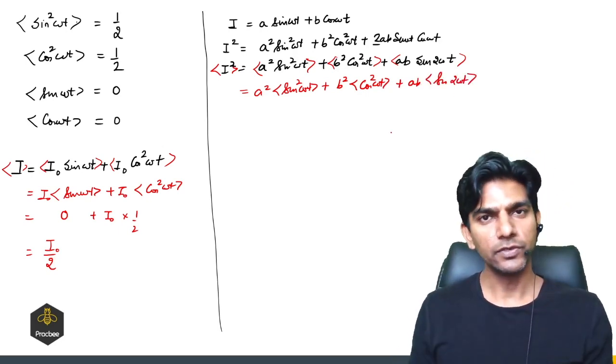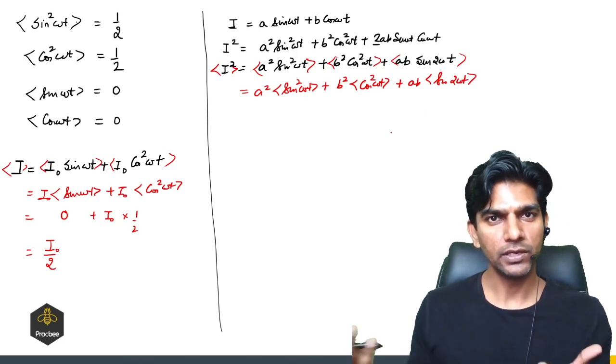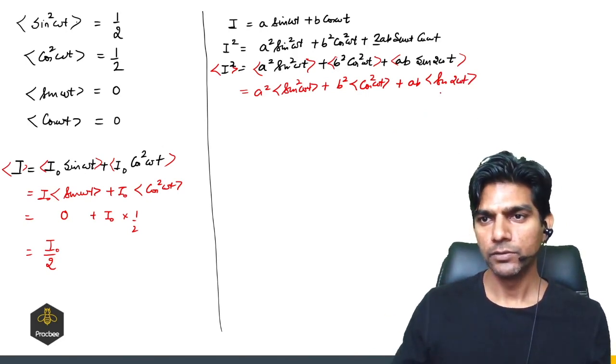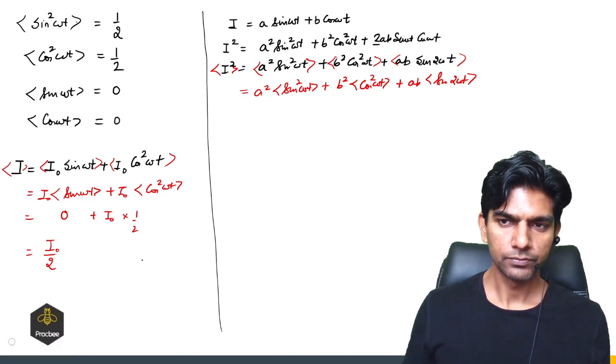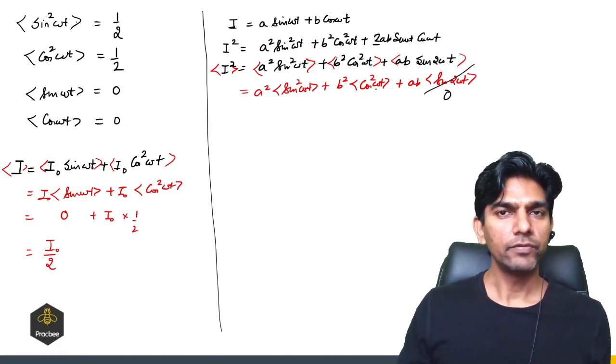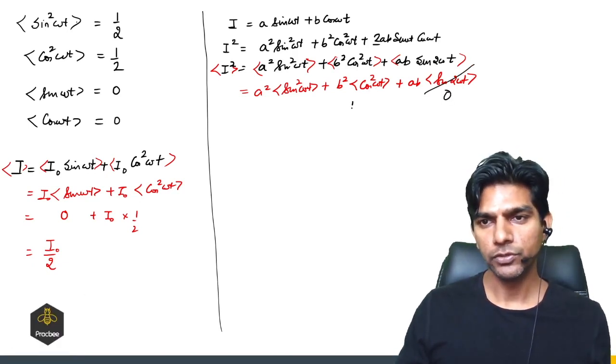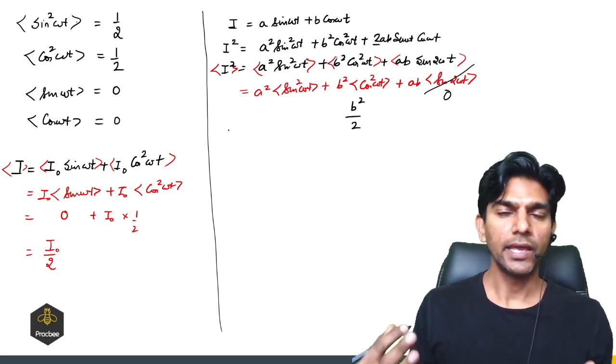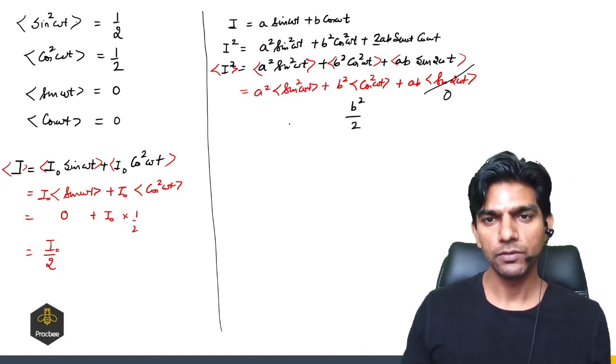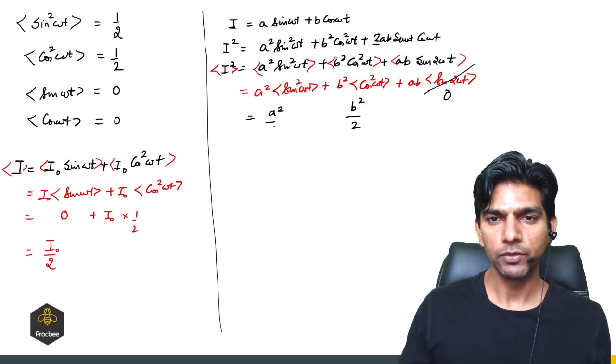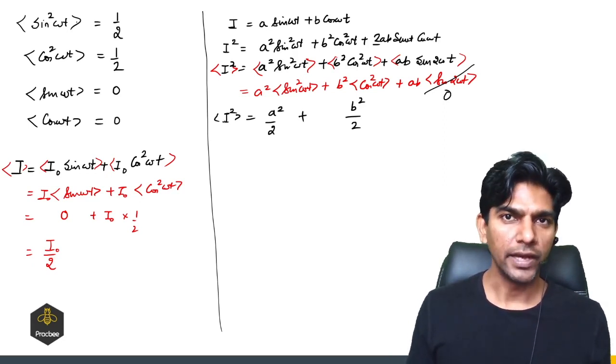If we have a sine function, we know that the average value over one complete cycle will be 0. So this term will become 0. The average value of the cos square function is 1 by 2, so this will become b square by 2. And the average value of the sine square function is 1 by 2, so this will become a square by 2. So that is the average value of the I square function.